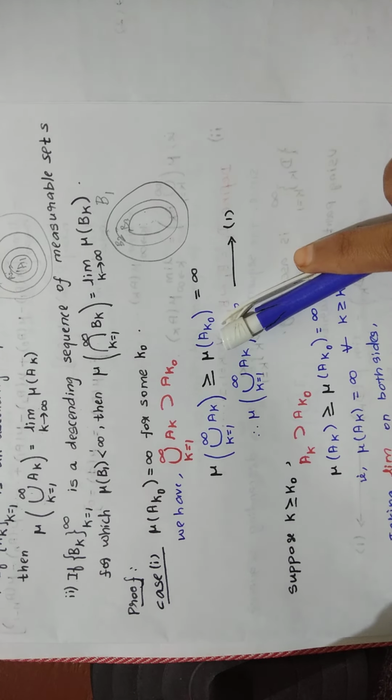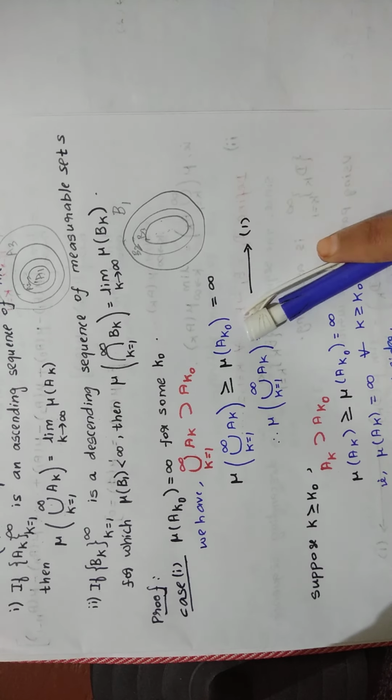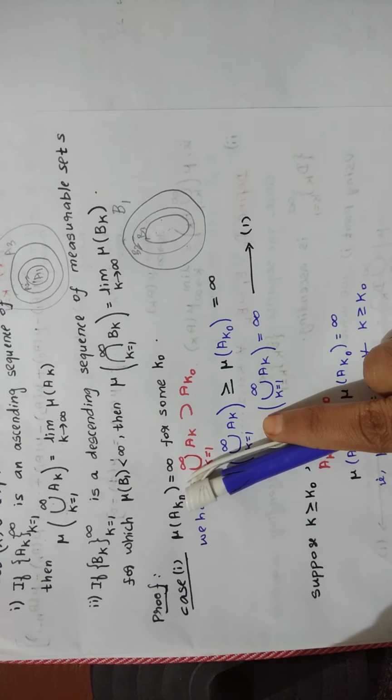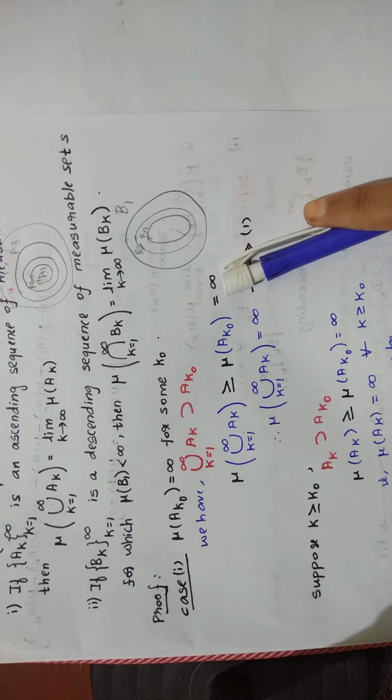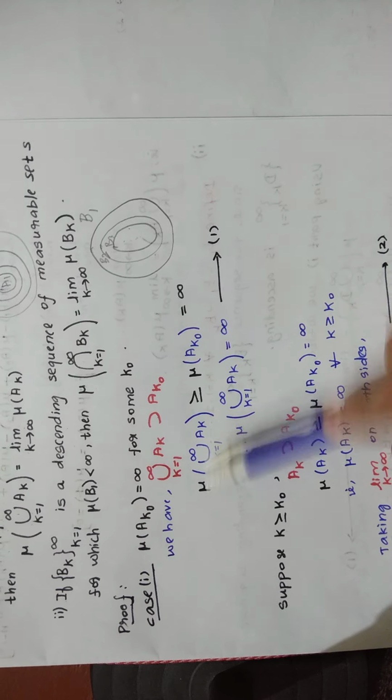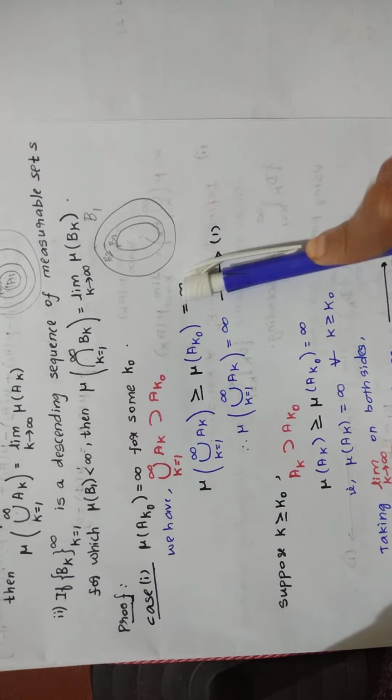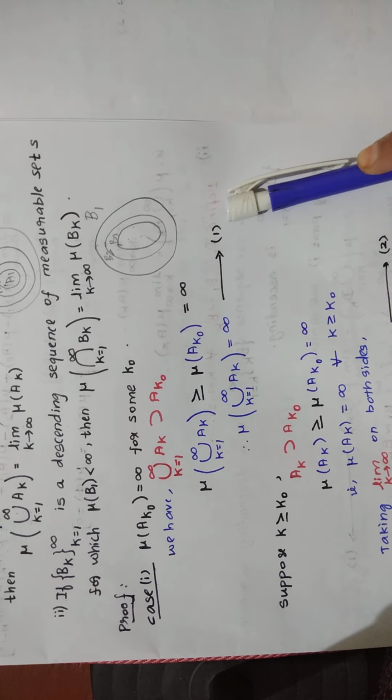So that is what you are writing. And here mu of A_k0 is not equal to infinity, because in case 1 you took it like that, and you are using that here. Now from this line, comparing these two, you can write this and mark it as equation number 1.